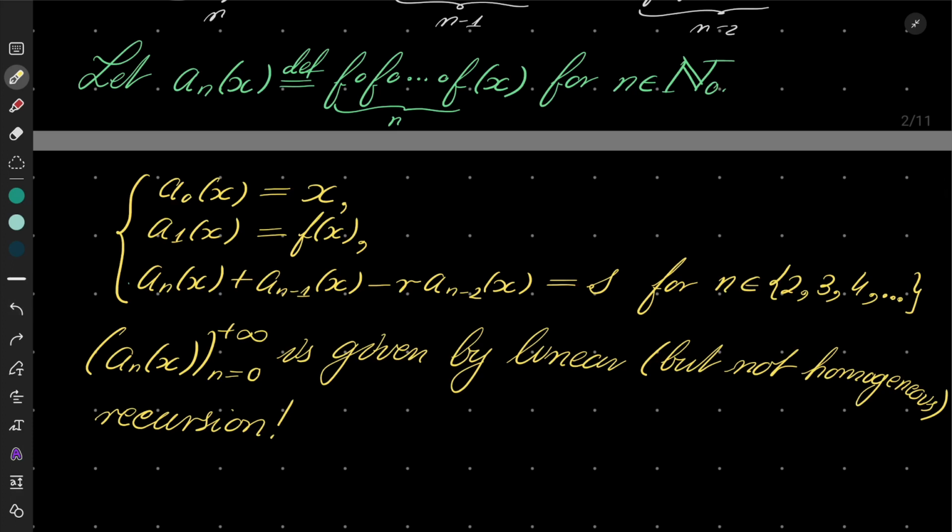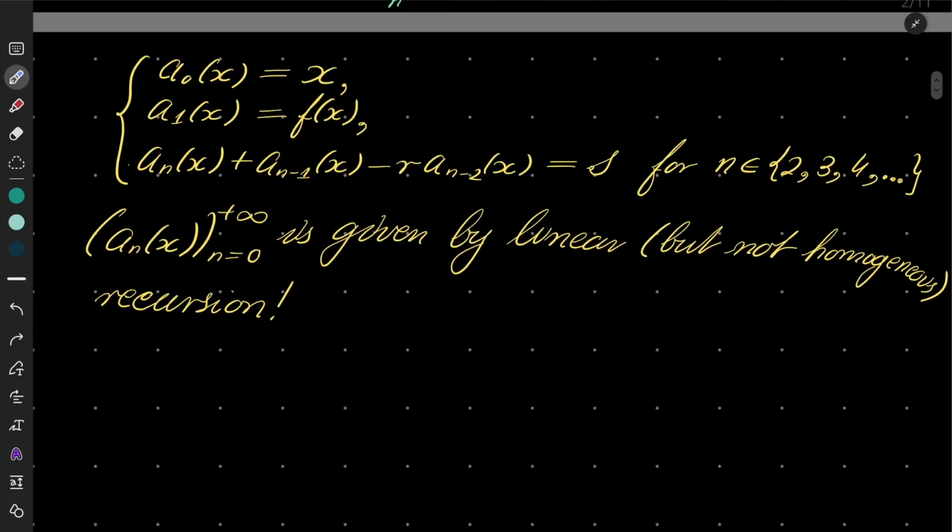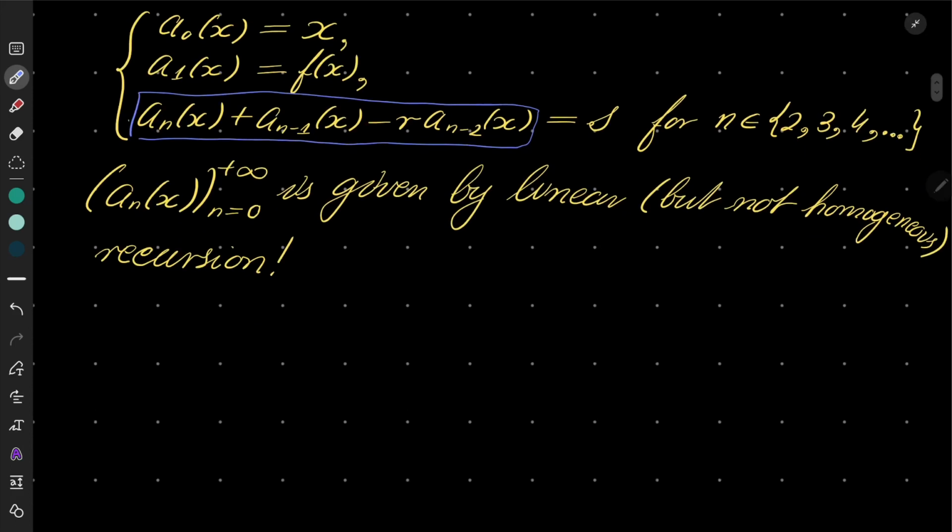And now, here comes the tricky part. There is a well-known method of solving these types of recursions, namely by defining the so-called characteristic polynomial. If you are not familiar, it goes like this. We take our recursion, only the linear part, so only the left-hand side, and let's call our characteristic polynomial chi, the Greek letter, because it stands for characteristic.